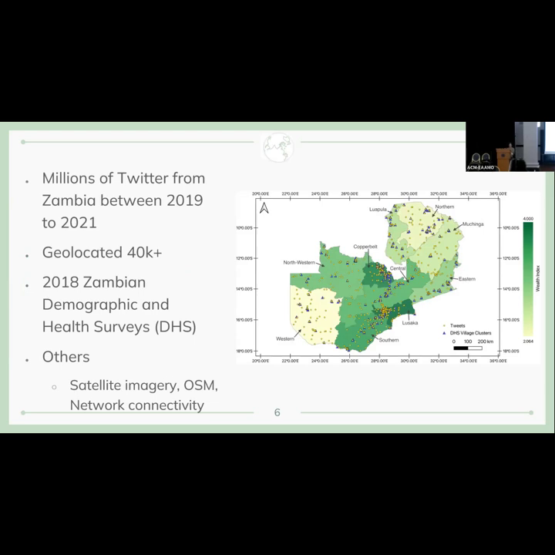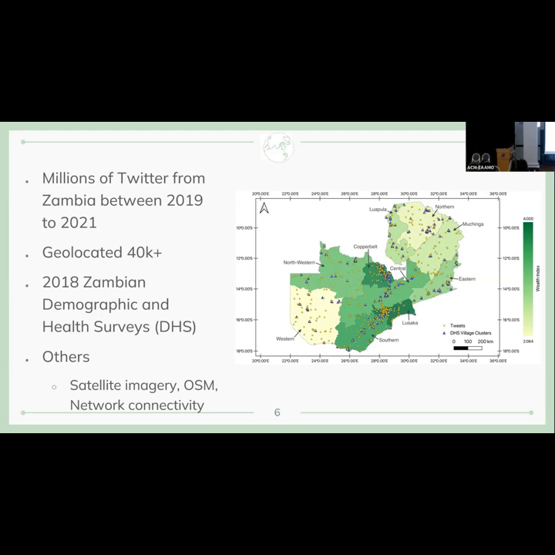We have collected millions of Twitter data between 2019 and 2021 in Zambia. Among these tweets, we particularly focused on geolocated ones, maybe over 40,000 tweets. And we merged this Twitter data with the ground truth data, which is the 2018 Zambian Demographic and Health Survey.